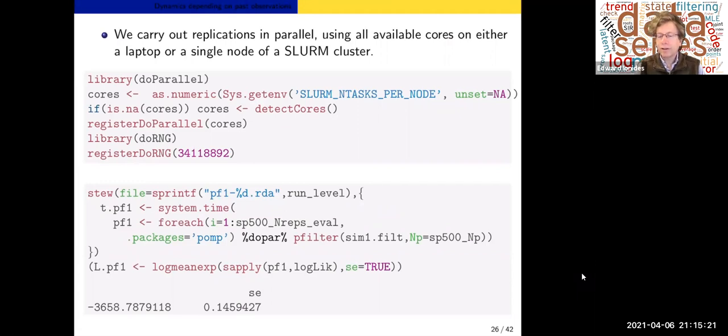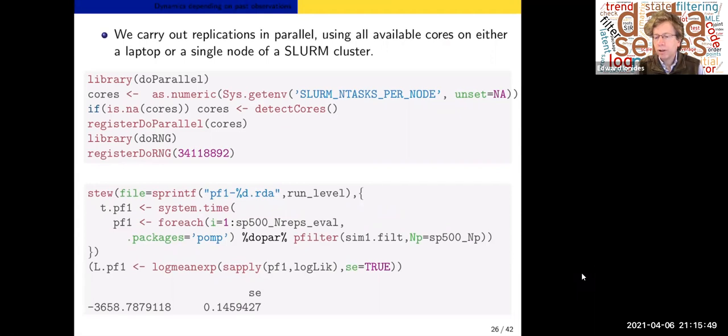And so here is some code to do that. Really, the only difference is in the parallelization. And if you're only using a single node on a cluster, all you have to do is figure out how to tell R what cores it has. And so here's a little bit of code to do that.